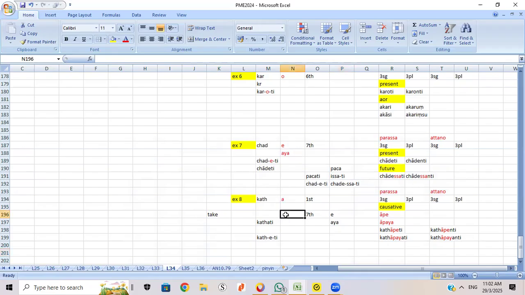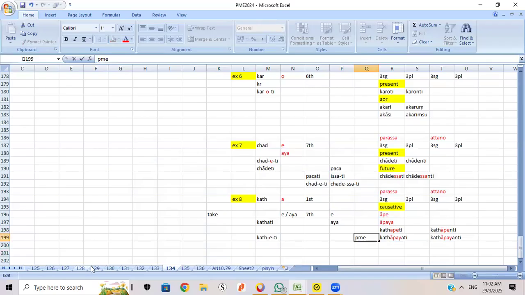One is A and one is Aya. So plus Aya. But the answer given in the book is this one. Katapeti. So this is the answer given in the PMP. So you just take note of this, one of the variants.